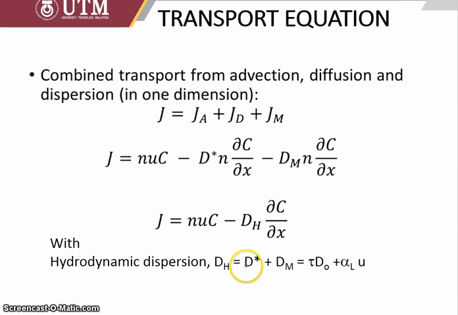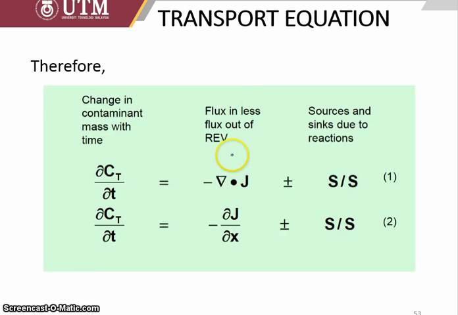And we know that it is the tortuosity times the initial diffusion plus alpha L times U. Next, in general we have changes in contaminant mass with time, and the flux J is there, but flux is actually not a stable one. It goes in and out. So there are sources and sinks, S slash S.